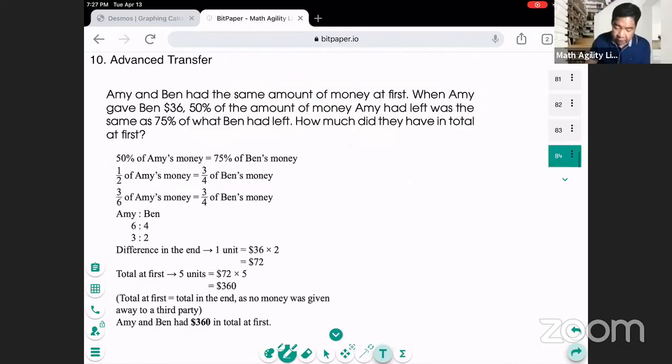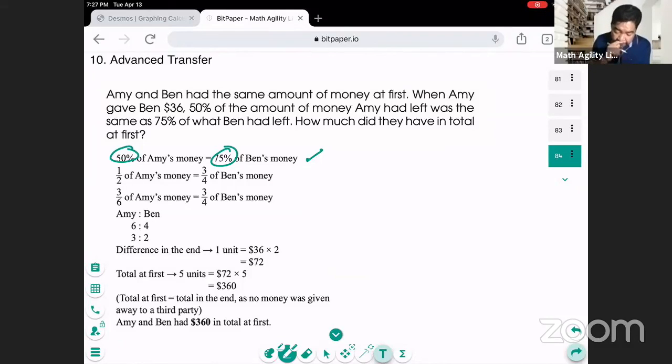So let's go to Singapore math. So 50% of Amy's money is equal to 75% of Ben's money here. So it translated 50% into a fraction, so that's 1/2, and 75% equals 3/4 of Ben's money.